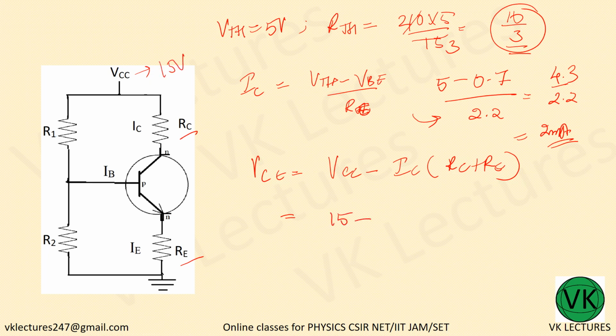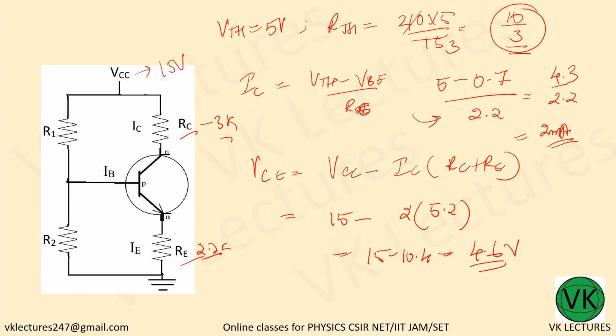So 15 minus IC, 2 milliampere, into RC, which is given to be 3K, plus RE 2.2K. So 3 plus 2.2, 5.2 K. So 2 into 5.2 is 10.4. 15 minus 10.4 equal to 4.6.